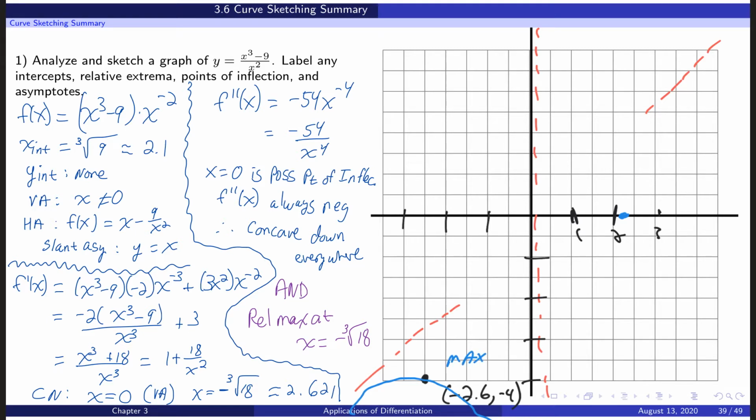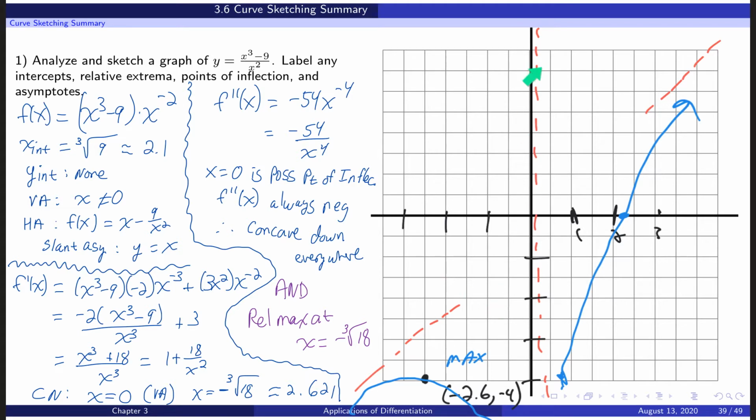The other branch, because we know we have a root over here at 2, and because we know that it's concave down everywhere, I can just hug this asymptote, go through that root, and then hug the slant asymptote there. So that's a quick sketch that involved a little bit of algebra that included all the important points. We had intercepts, we had one maximum, and points of inflection, there were none because the second derivative is always negative, so it's concave down everywhere.